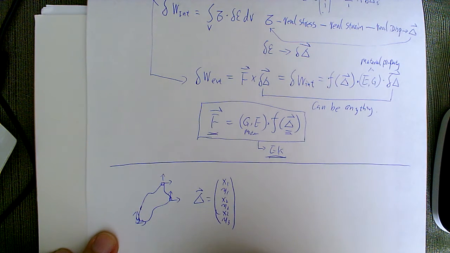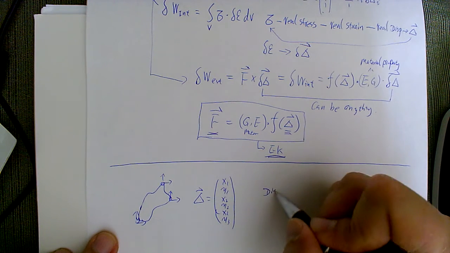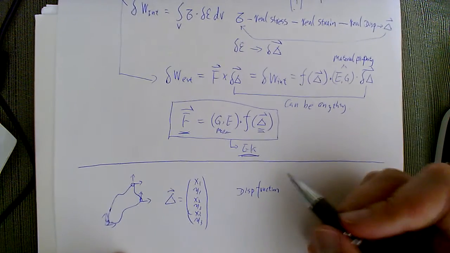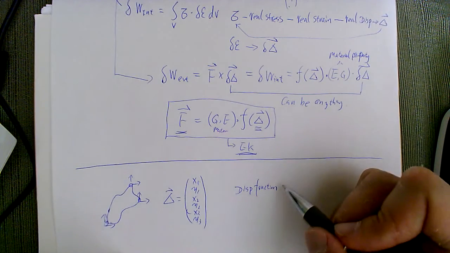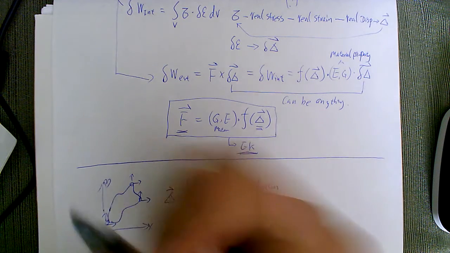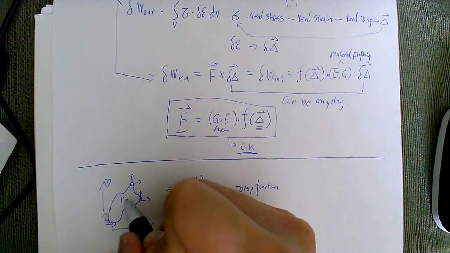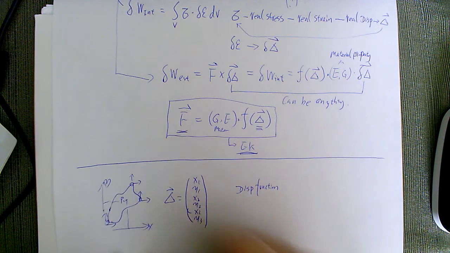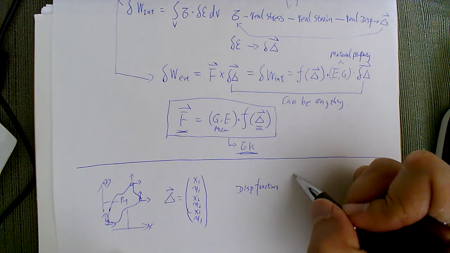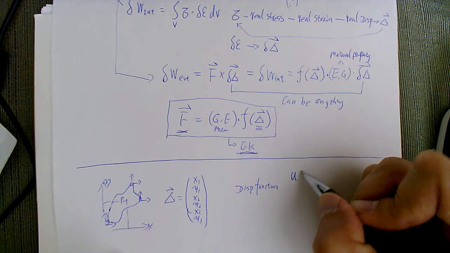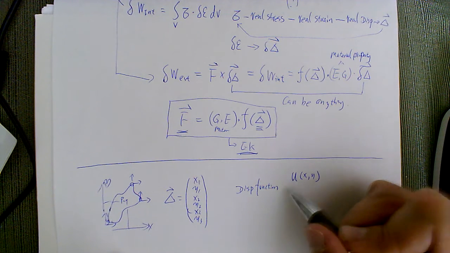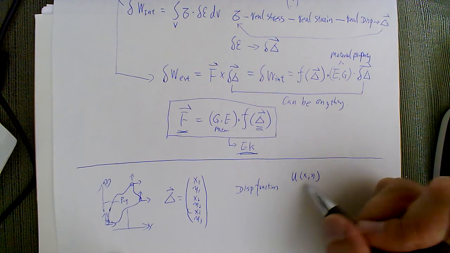The displacement, like I said, is actually a displacement function. So that is basically, if I establish a coordinate system x and y, and then I pick a point P in here, and I find out its x and y, in the 2D case we should have a u of x, y, that if I plug in x, y over the P, it should give me how much P moves in the x direction.